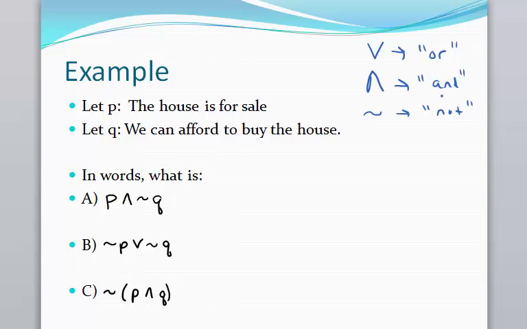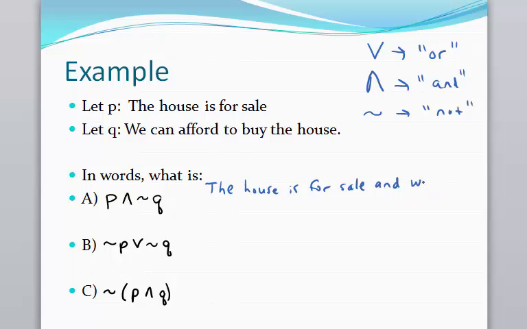Part A says P and not Q. So let's write this in terms of P and Q. So we have P, which is the house is for sale. In the middle, we have the symbol for and, then we have the negation of Q, not Q. So Q says that we can afford to buy the house.